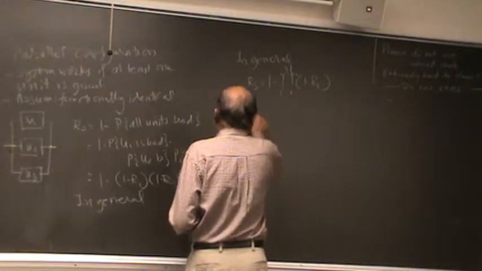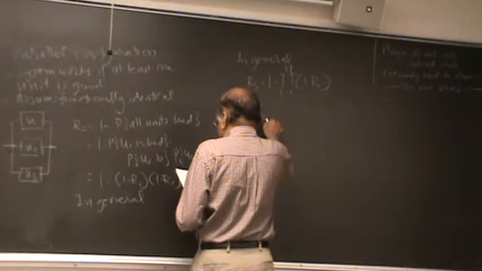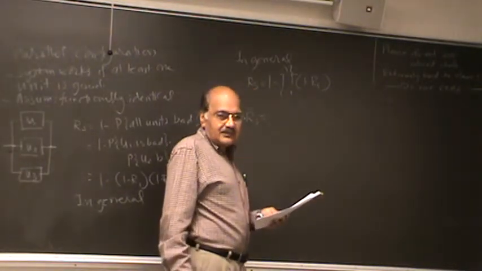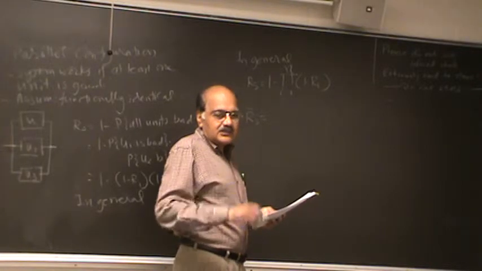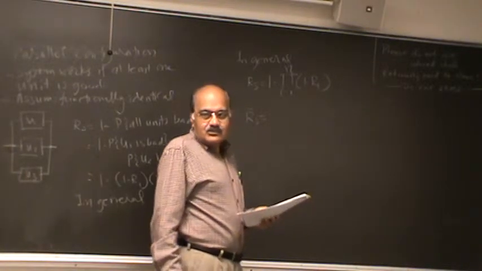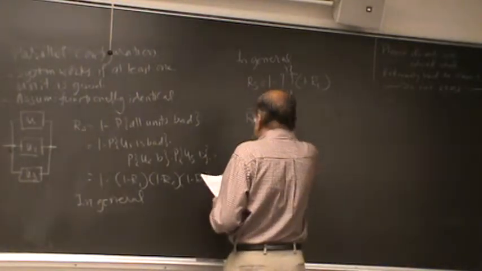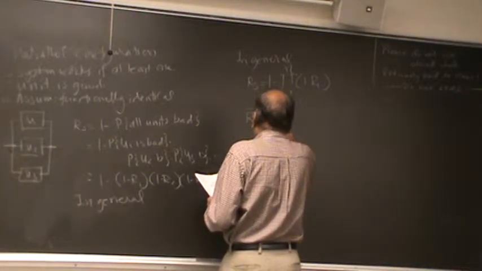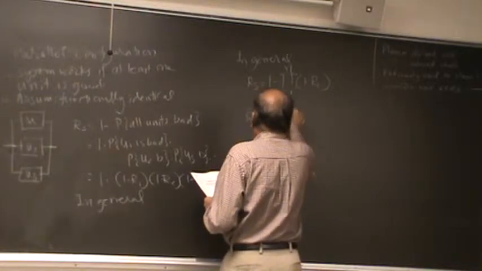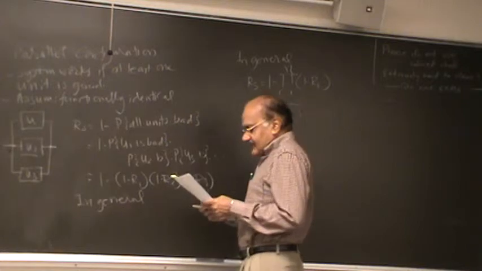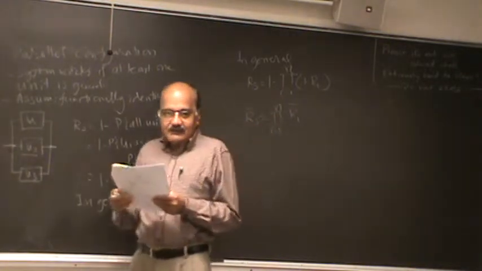You can write it this way, where RS bar is equal to the complement of RS. Remember, reliability is a number between 0 and 1, so its complement is 1 minus that number. So in this case, the unreliabilities multiply.